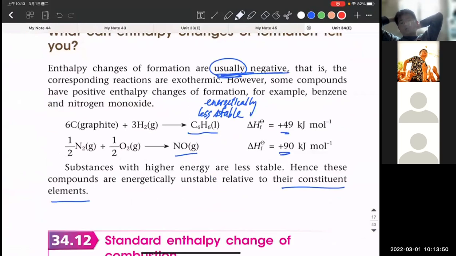For example, can I produce NO gas with this combination of chemicals? The answer is yes, or it can be no. Similarly, for the production of benzene, can we have 6 mole of carbon and 3 mole of hydrogen gas to produce 1 mole of benzene? In reality, the answer is yes, or maybe no. I don't know. But in the practical sense, the answer is no. But we still have the enthalpy terms.